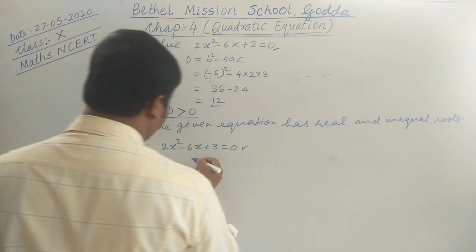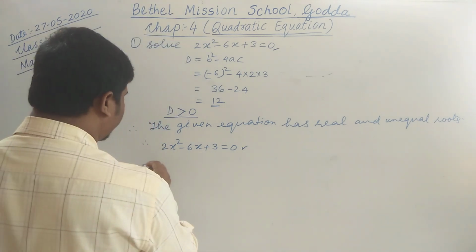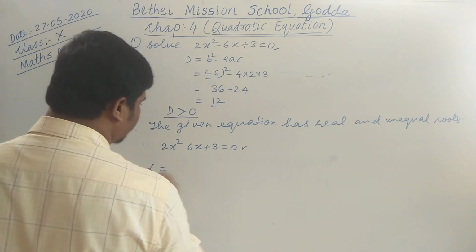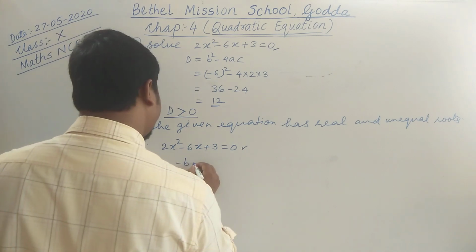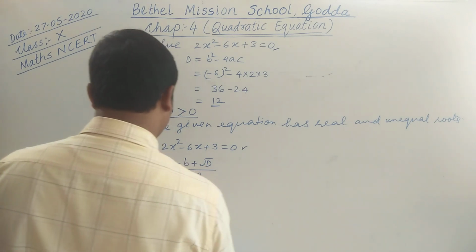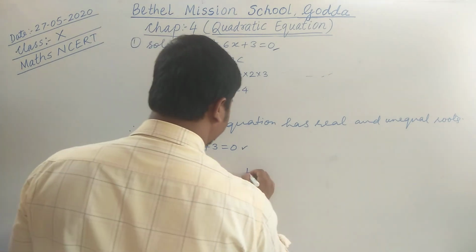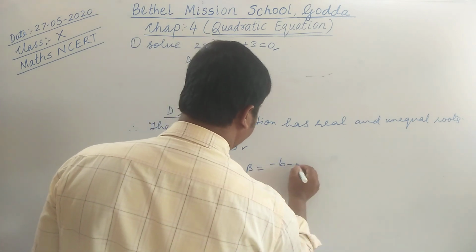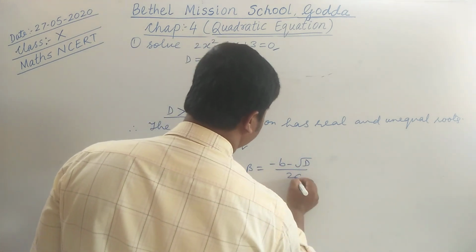If you want to apply the quadratic formula, then alpha equals (−b + √D) / 2a, and beta is (−b − √D) / 2a.